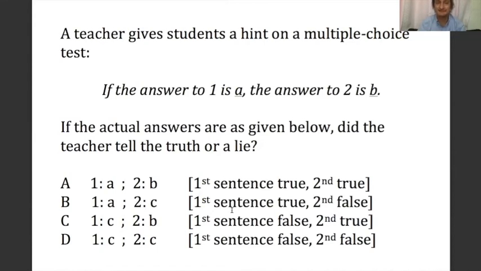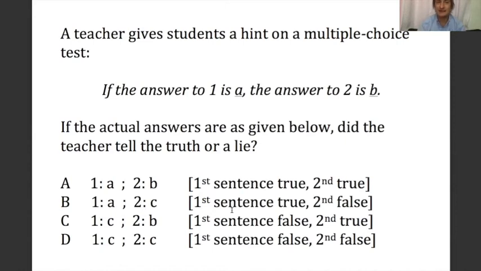Here's the hint: if the answer to question 1 is A, the answer to question 2 is B. Now, if the actual answers are as given below, did the teacher tell the truth or a lie? You've taken the test, you got it back, and you found out that the answer to 1 was A and the answer to 2 was B.